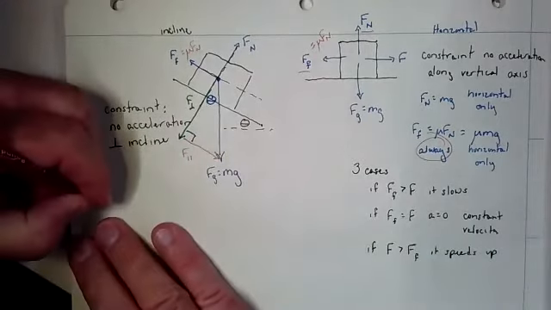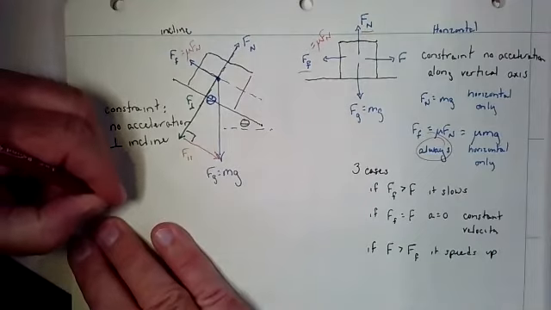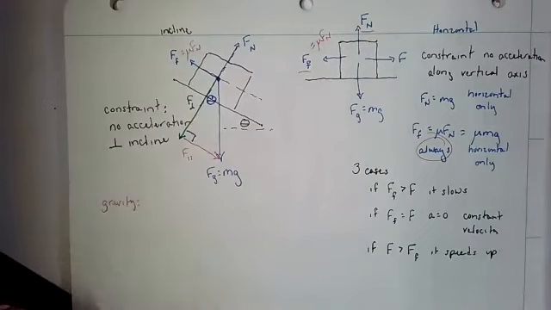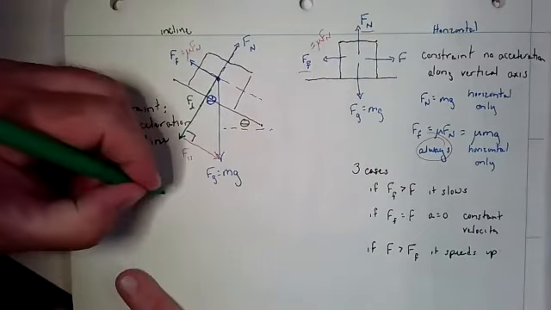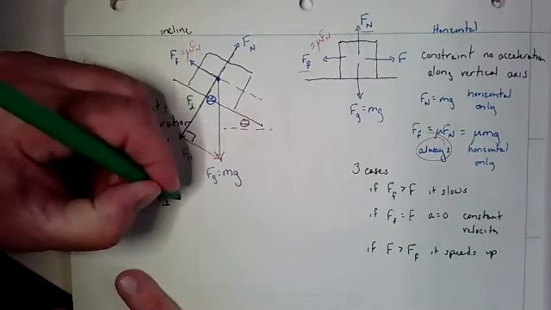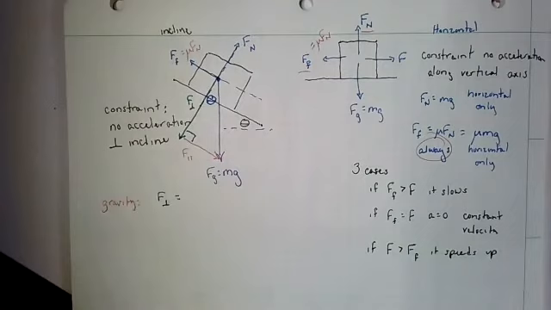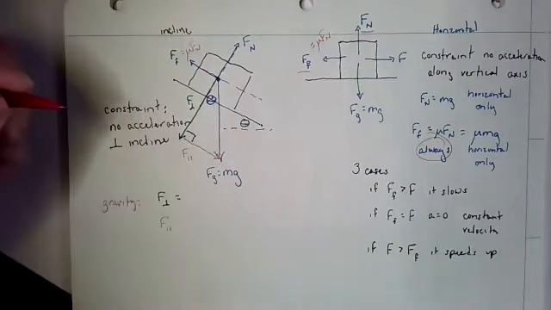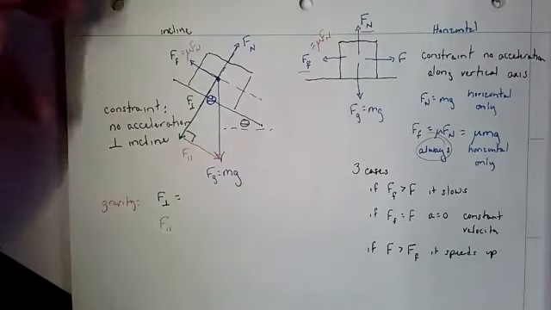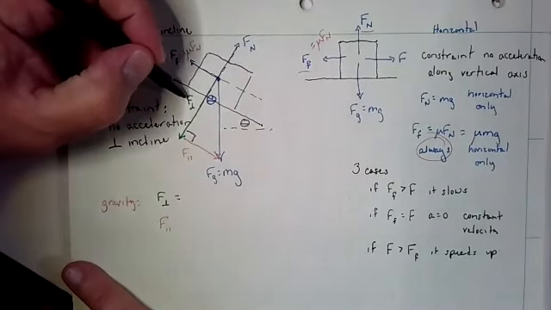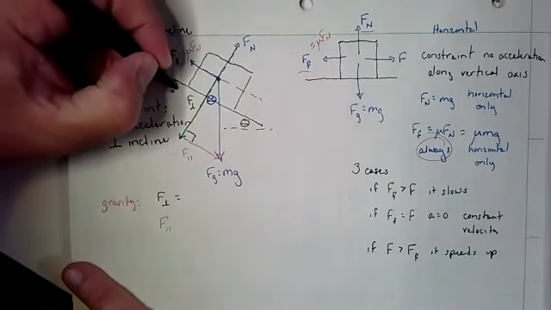So for gravity, we have two components to keep track of. We have the perpendicular component, and we have the parallel component. Now, if this is the angle we're talking about, then the perpendicular component is adjacent.